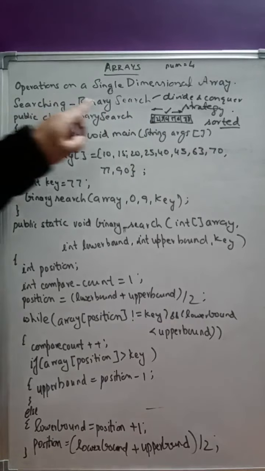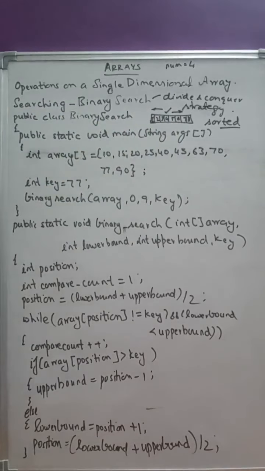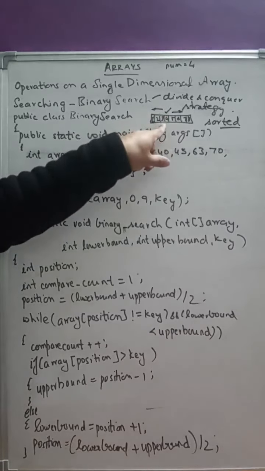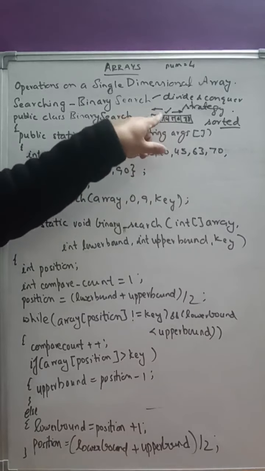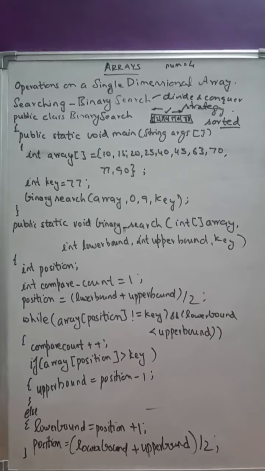Suppose we have to find the number 6. First you compare that number with the middlemost element. The middlemost element is 4, not 6, so this condition is not true.